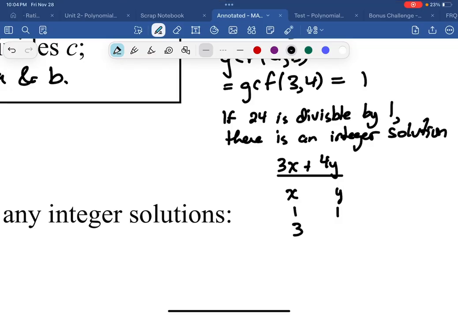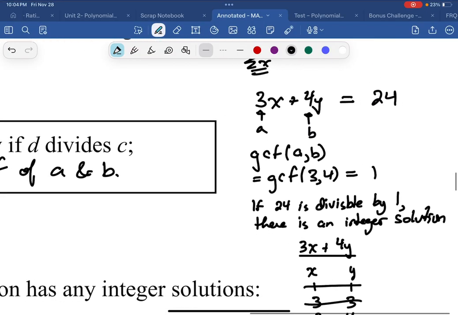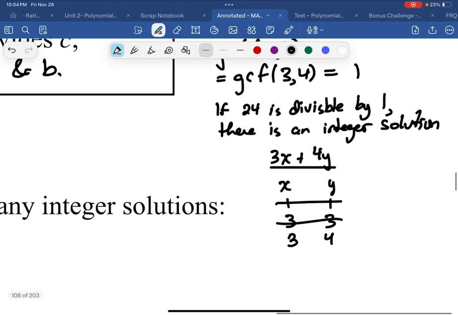So that's not good either. Now I might say 3 and a 4. 9 plus 16 is 25. We're trying to get to a 24, so not great, but maybe we flip it around.